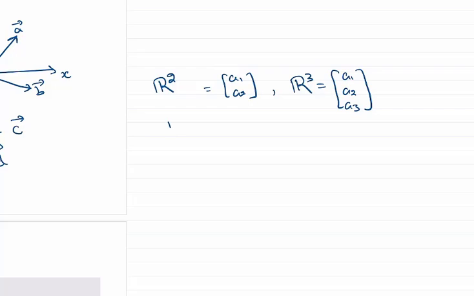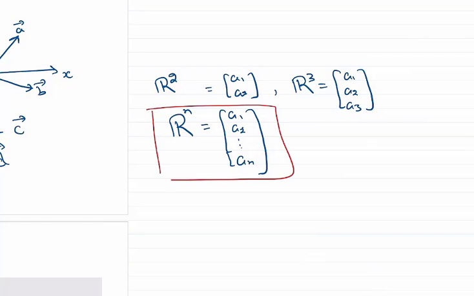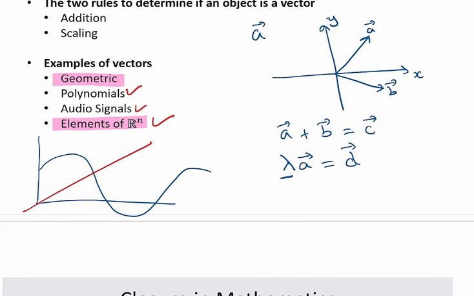And extending this concept, Rn is just a tuple of real numbers A1, A2, dot dot dot, An. Based on our definition, because we can add and scale any tuple in Rn, this is also a vector. So these are all vectors.